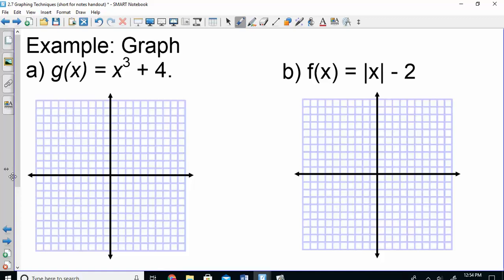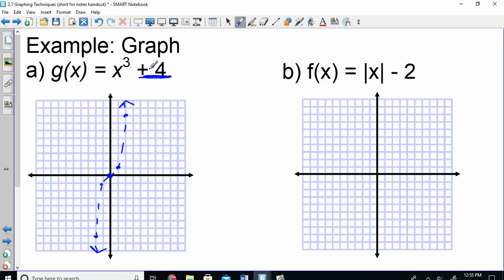Okay, let's do these examples. So what's my parent function here? Cubed. So 0 cubed is 0, 1, 1, 2 to the third is 8, -1, -1, -2, -8, we get this shape. Okay.